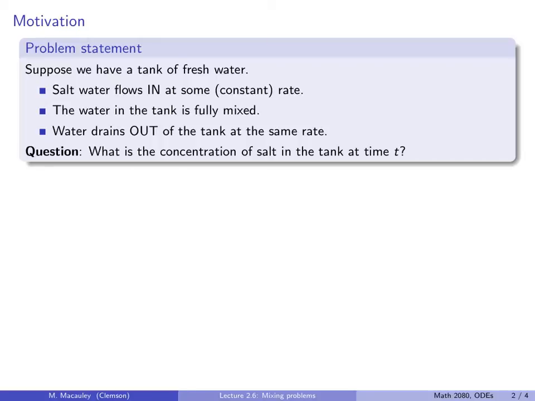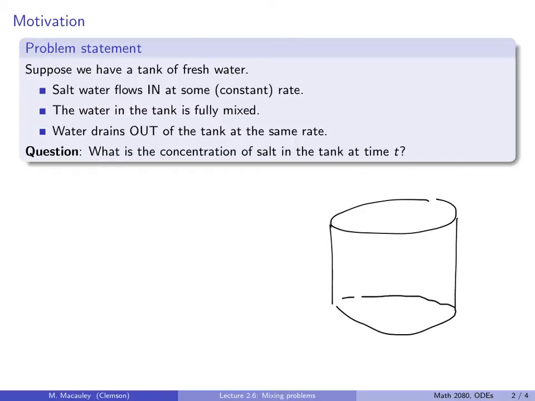Here's an example. Let's suppose we have a tank of fresh water. I'm going to sketch what this might look like. A tank of fresh water looks something like this, and we start out with some amount of water in it. Now, salt water flows in at some rate.